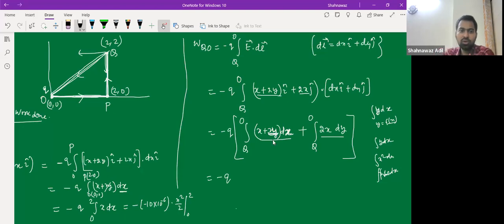Let me give you some hint. You have this x, you have this y. So I have this diagram. How can I write this line?